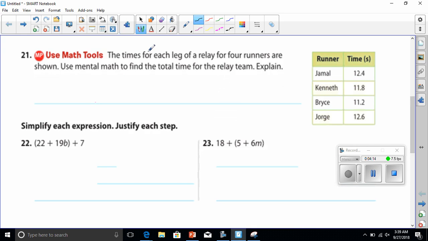The times for each leg of a relay for 4 runners are shown. Use mental math to find the total time for the relay team. Well, what they're wanting us to realize here is, since we're looking for the combined total, we can add all these together.